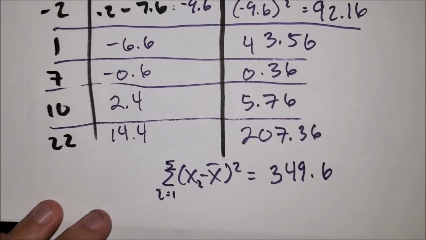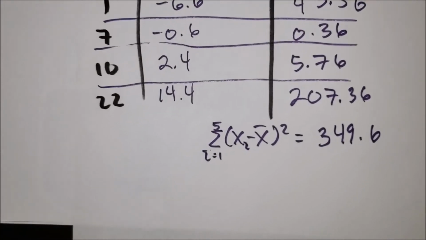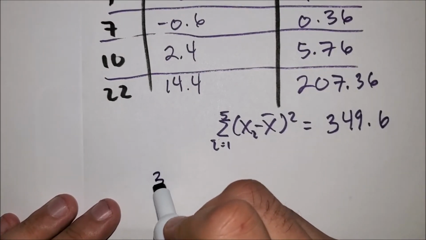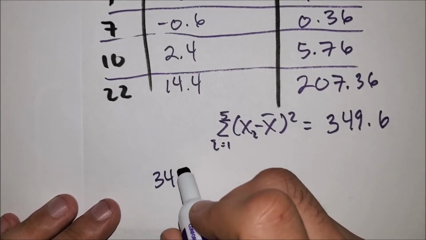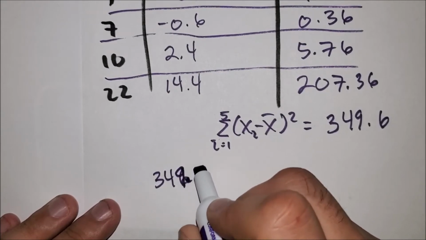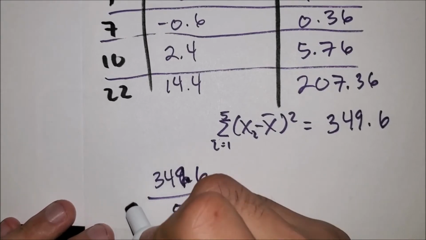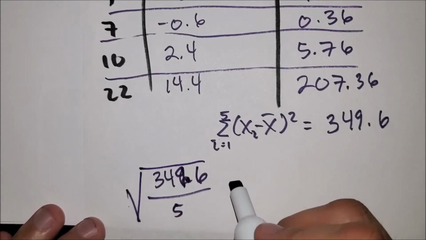So the next thing that we're going to do is finish off our calculations. We're going to take this number, 349.6, divided by n, which is 5, and take the positive square root of that.